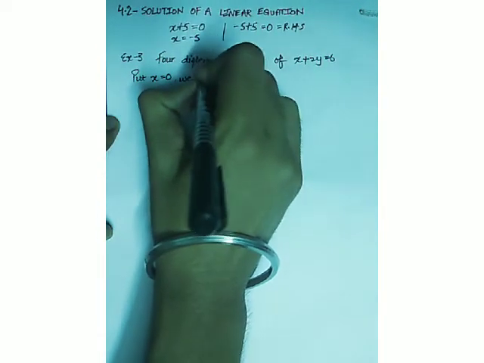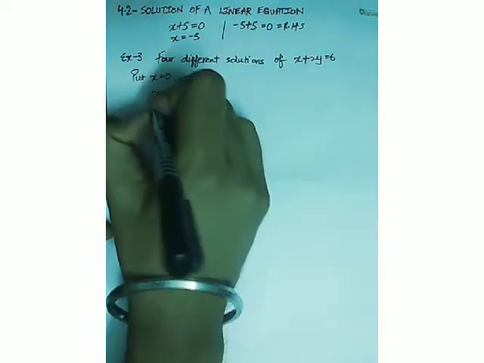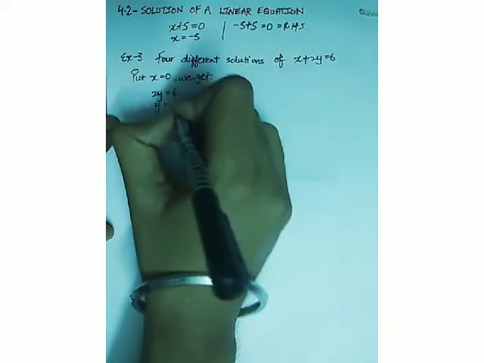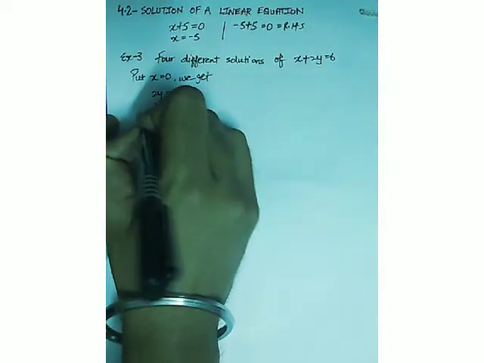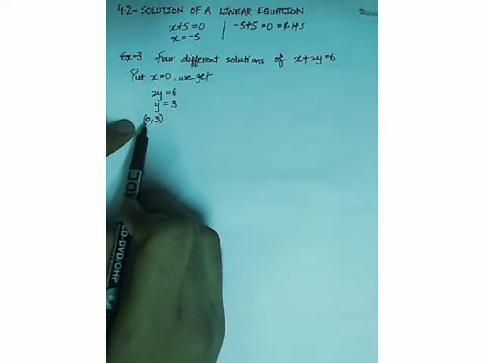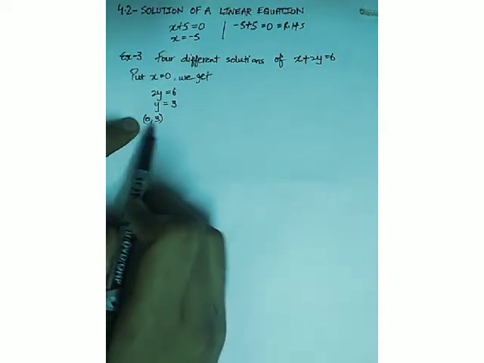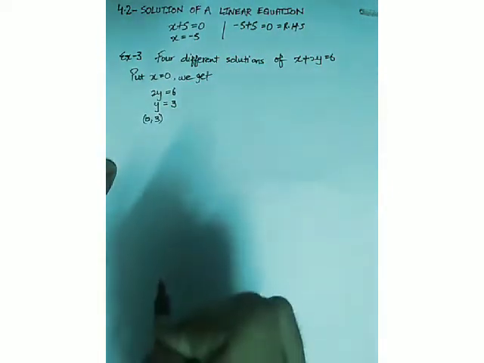We get 2y is equals to 6. Clear? And what is y? Y will be equal to 6 upon 2, that is 3. Alright, so our first set of solution is 0, 3. We write it like this. The first coordinate is always of x, and the second one is always the value of y. So we have found one solution.